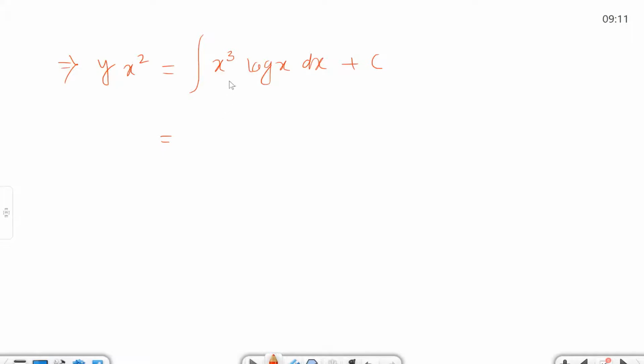As per integration by parts, what is the first function here? The logarithmic function is the first function, as in ILATE, so the logarithmic function comes before the algebraic function.